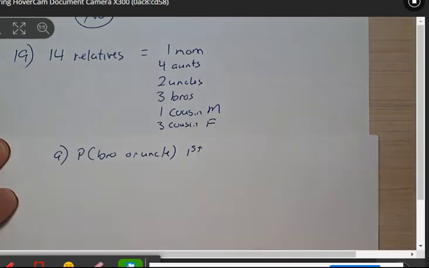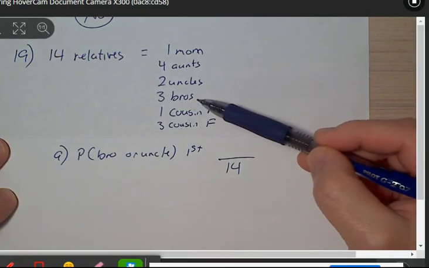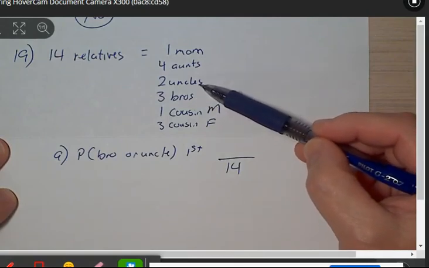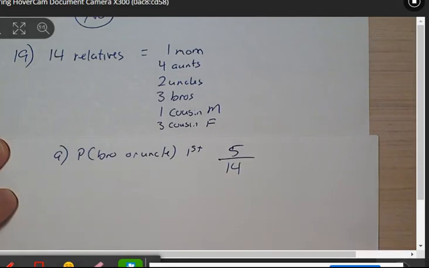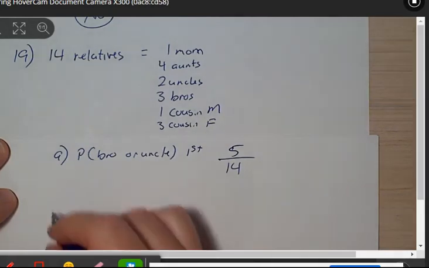Well, in that case, we know it's going to be out of 14 because that's how many people are showing up. There are three brothers and two uncles, so that's 5 out of 14. 5 out of 14 won't simplify, so that's it, just 5 out of 14.